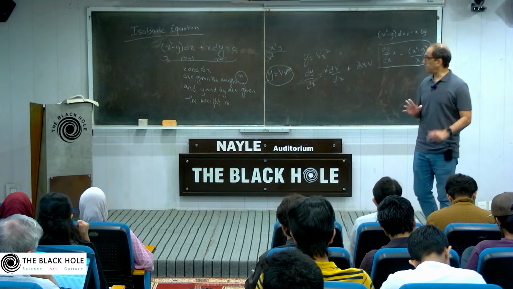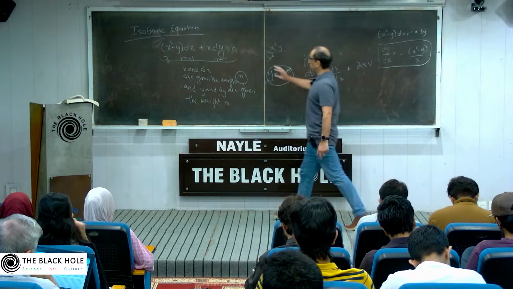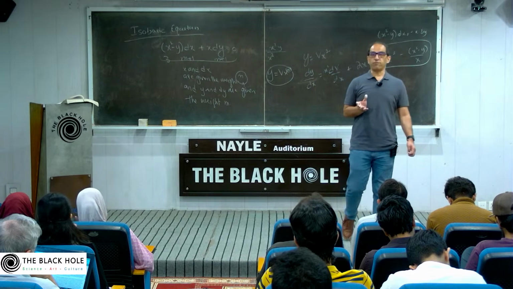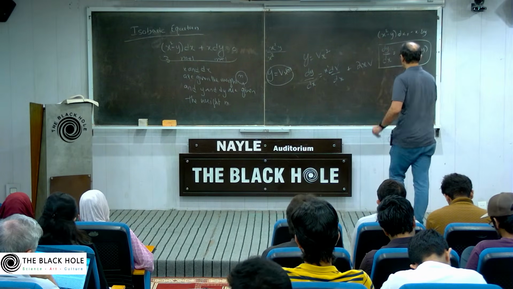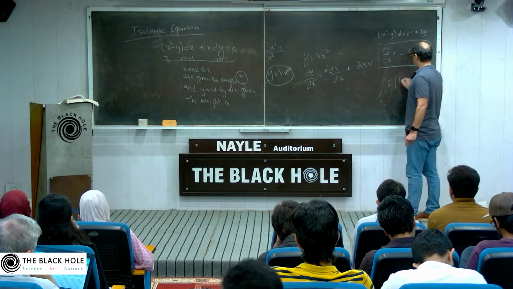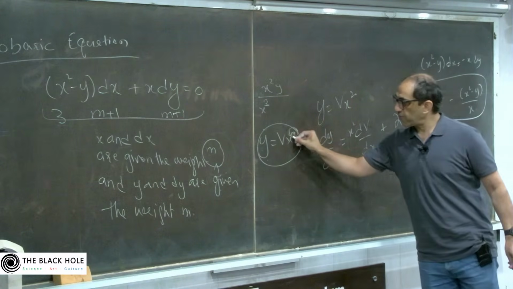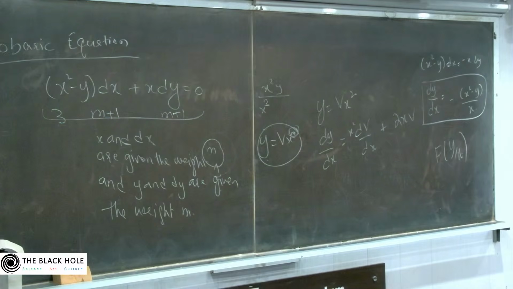But the basic idea over here is that you have to give weights, because this is not in a form where you can apply y is equal to v x, because for that you need to have f as y over x form. But over here you can do that by this weight method, and that is why it is called the isobaric differential equation. Same weights, right? Same power you have to have.